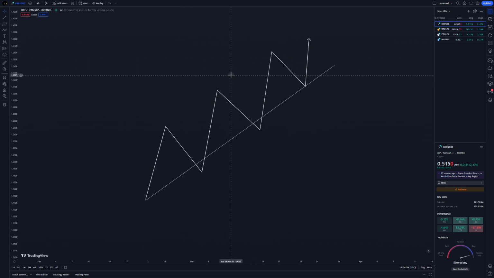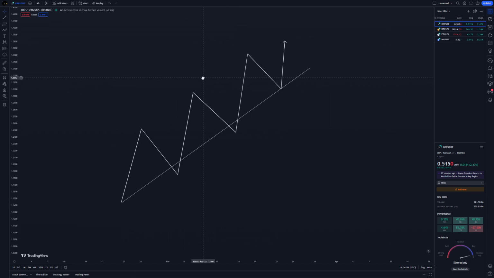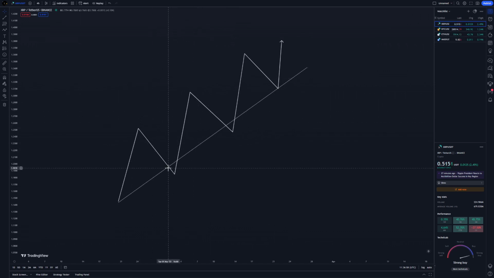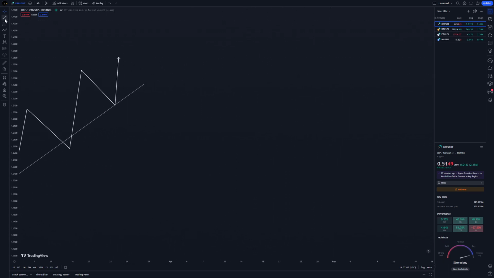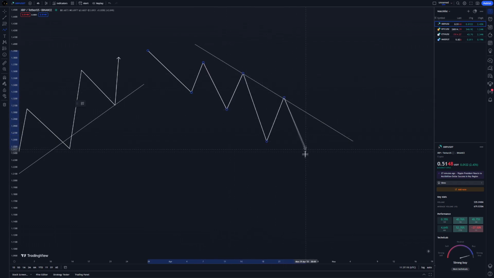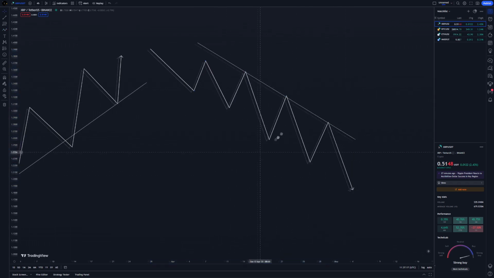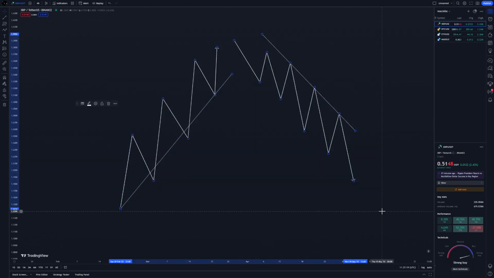For example, right here, every time price touched this level, it reacted and went higher, right? Now, the same thing is true for downtrends. For example, price is going lower, goes high, hits this, goes lower. I'm not drawing this perfectly. I just want you guys to understand how a trend line will look. That's pretty much what it is.